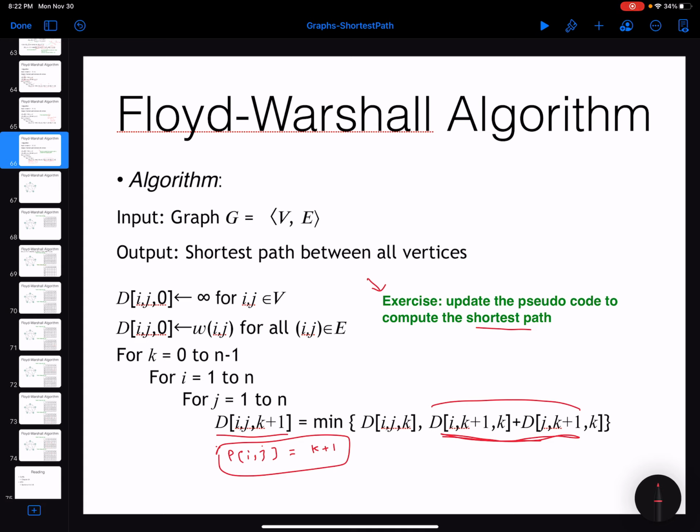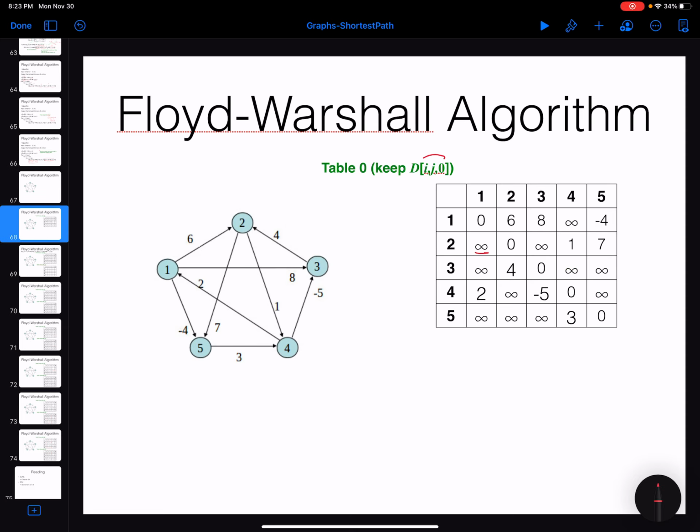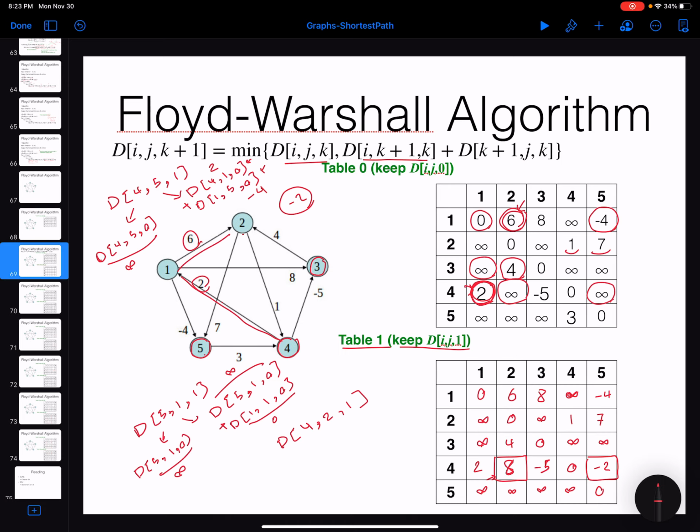The last thing that I'm going to emphasize here is that the space complexity of Floyd-Warshall, the way that it actually shows here, is clearly O of n power 3. You have n number of tables. But again, just like the modification that we can do over the Bellman-Ford algorithms, you can see that when you are filling the table number k, you are just using the table number k minus 1.